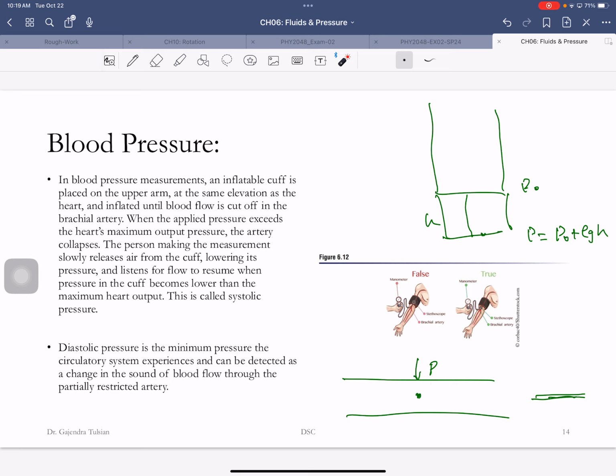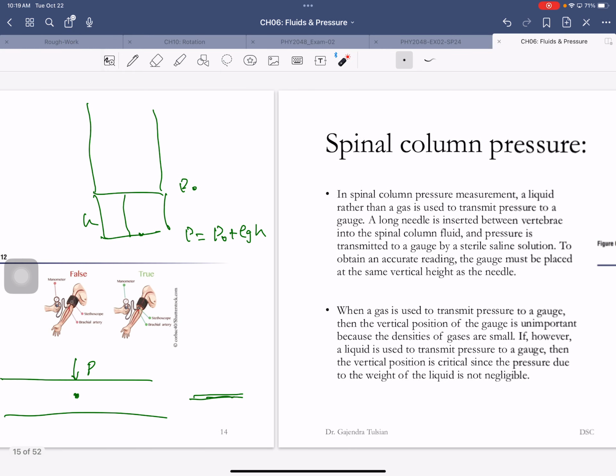Diastolic pressure is the minimum pressure the circulatory system experiences and can be detected as the change in the sound of blood flow through the unrestricted artery. Before the pressure decreased below the diastolic pressure, the artery was restricted, and when it reduces below the diastolic pressure, it's unrestricted, fully open. So that's how blood pressure is measured.